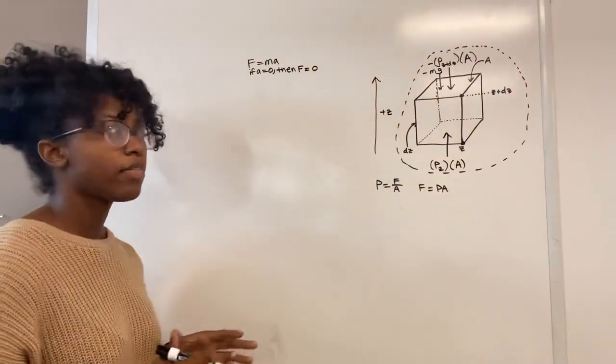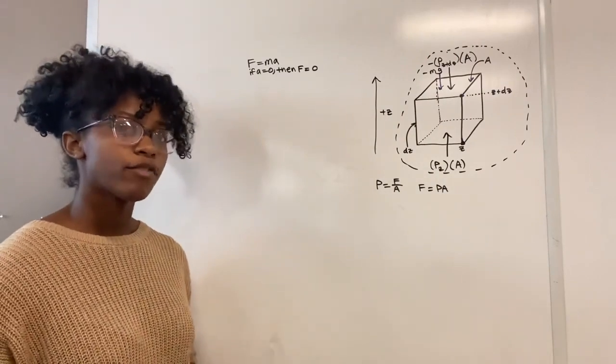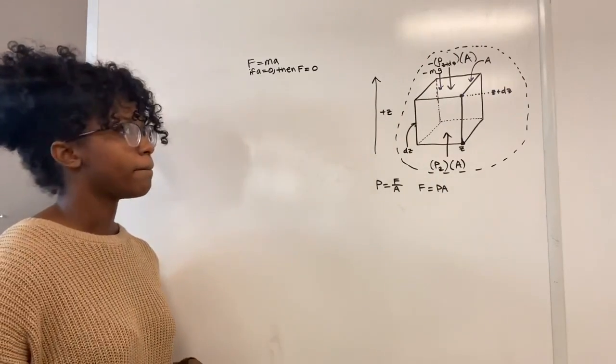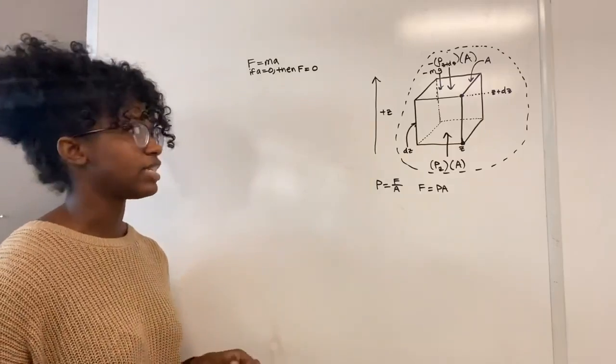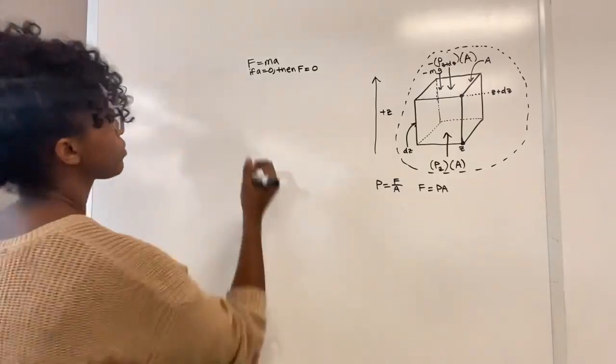So now that we have listed all of our forces, we can go ahead and apply a force balance to the fluid by adding up all the forces and setting them equal to 0, since we established that all the forces have to equal 0.